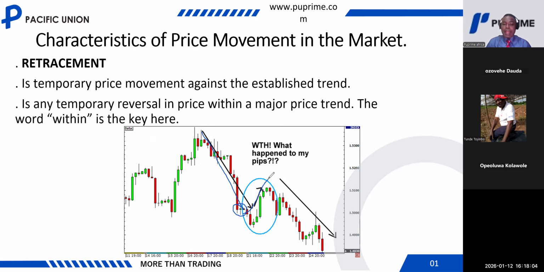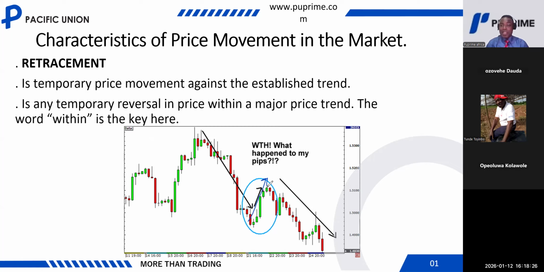But then a lower high looks like it's trying to buy. That is a temporary price movement against the overall trend. Afterwards, you can see that price continues selling. So this time, when we see a buying move within an overall bearish direction, it is called a retracement.